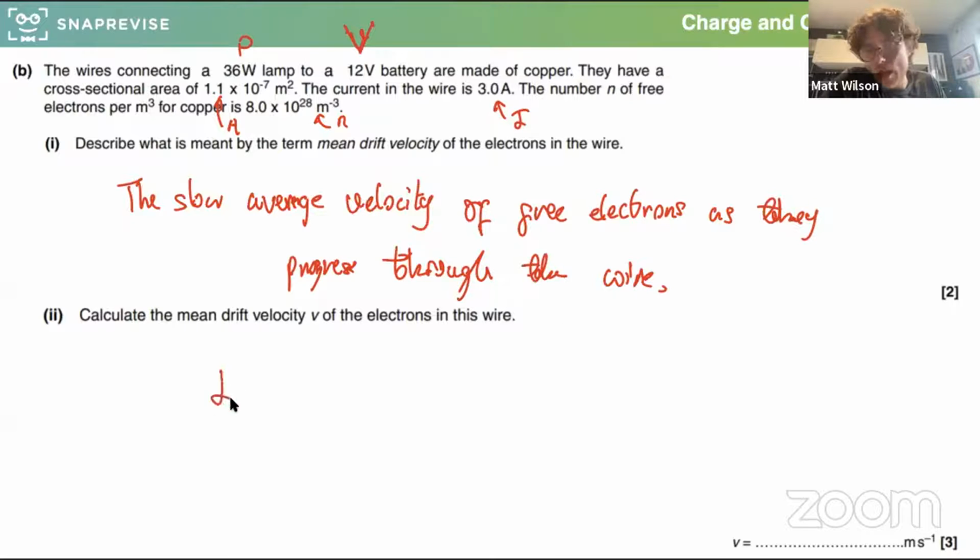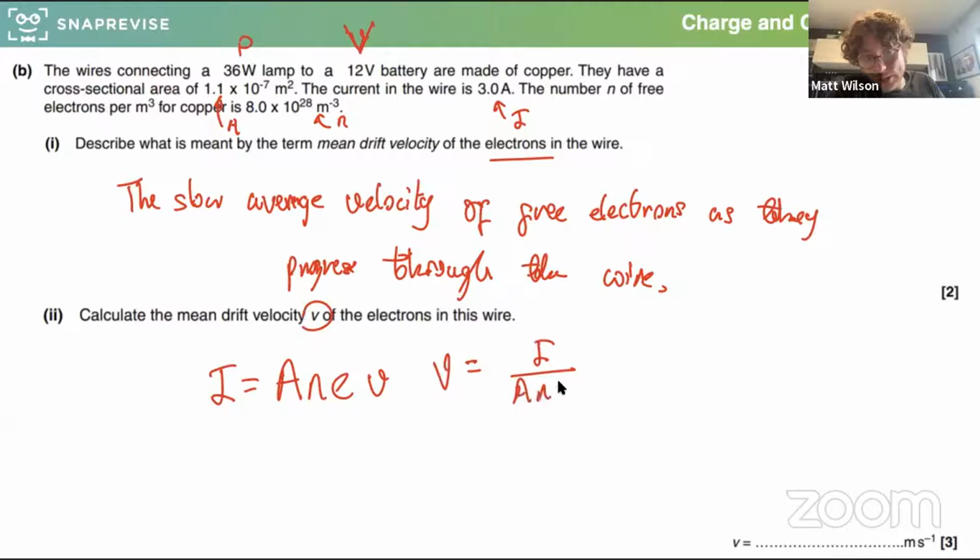It's going to be I equals, absolutely right, A N E V. And you're right. They've said about electrons, so I'm happy just to put E. In general, you could have put a Q. Good. Okay. They want this thing, so let's rearrange for it. V equals I over A N E.